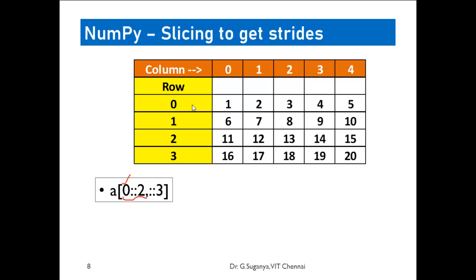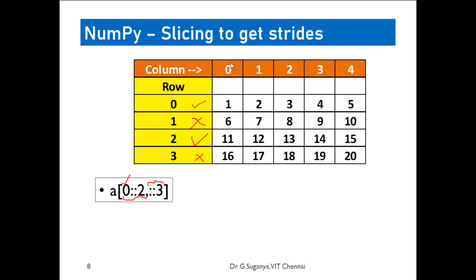So what are the rows you have to consider? Row 0. Should I consider 1? No, we should not consider it. Should I consider 2? Yes. 3 will not be considered and it will get over. Then coming to the columns. If you take the columns, the start value and the stop value are not given, only the step value is given.